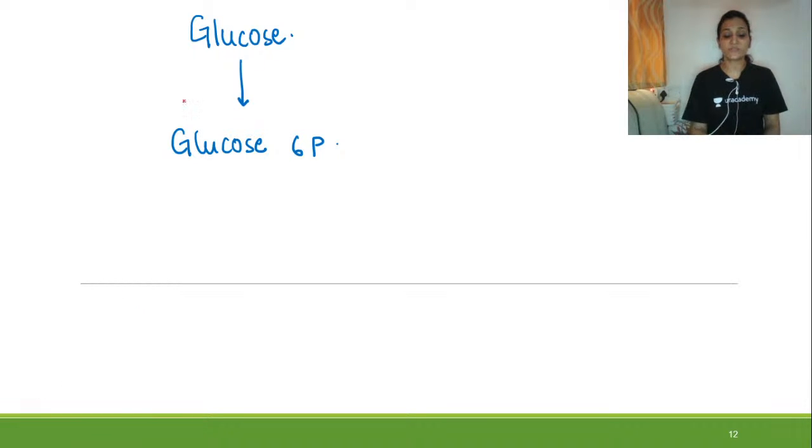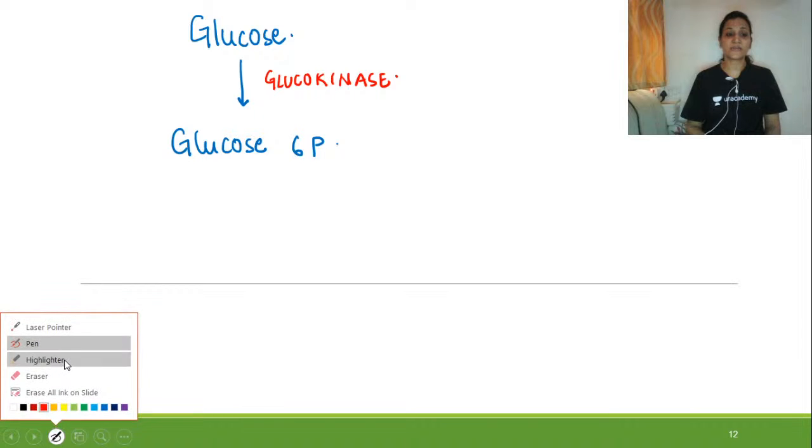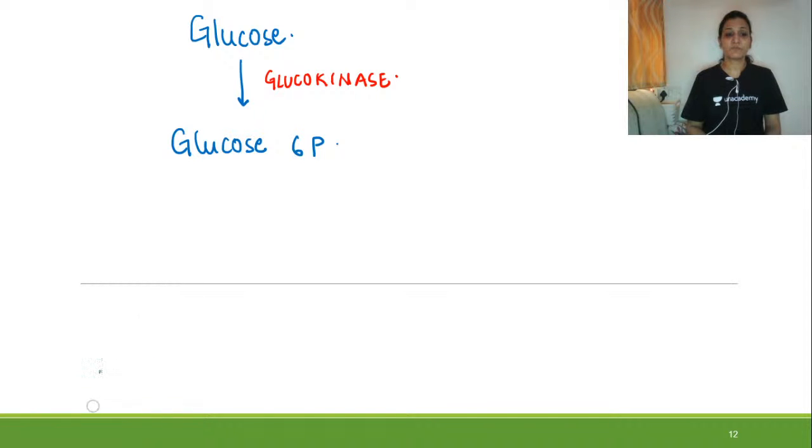The enzyme responsible for this reaction is glucokinase. Then after glucose 6-phosphate, glucose 1-phosphate will be formed, with the help of an enzyme.